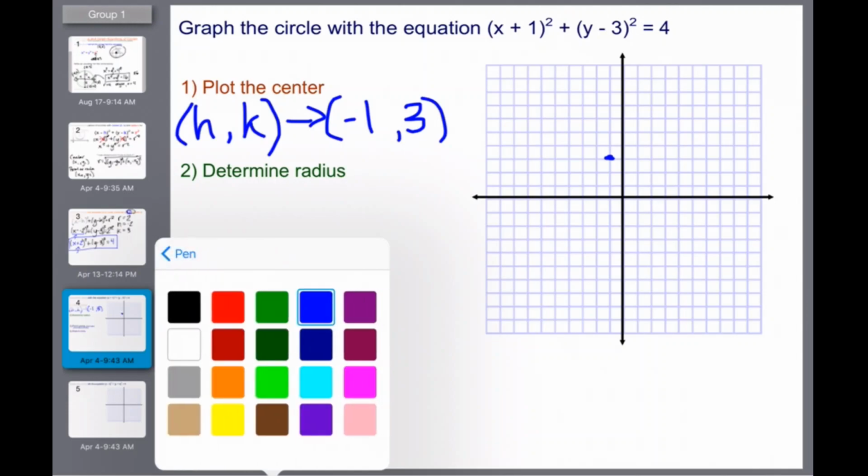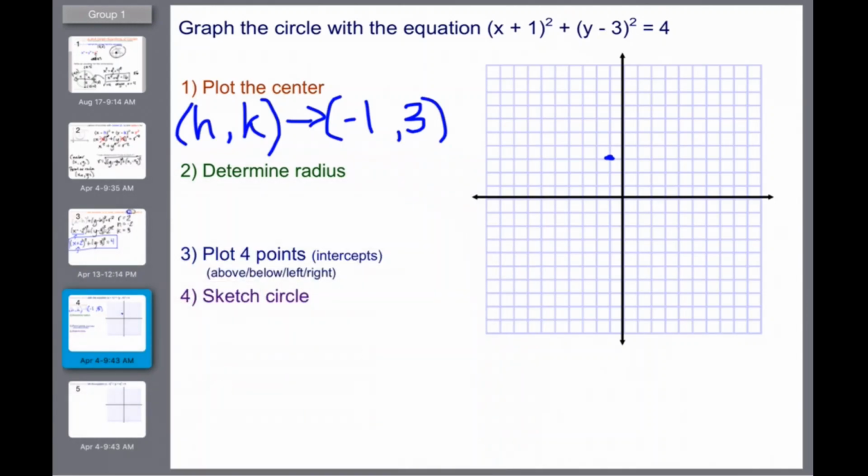Next, we want to determine how long our radius is. So here in our problem, the 4 represents the radius part of our equation. That is our r squared. So we have r squared is 4.